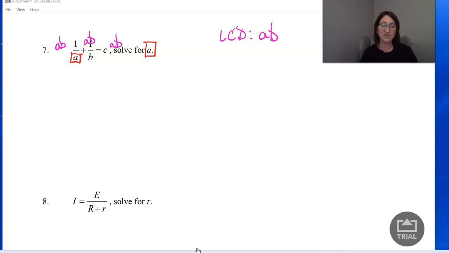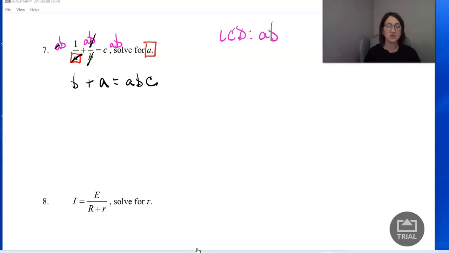So for our first term, the A's reduce, and we're left with B. B plus. Then my B's reduce, and I'm left with A. So on the left side of my equal sign, all of those fractions are gone. On the right side, I just have A, B, C.